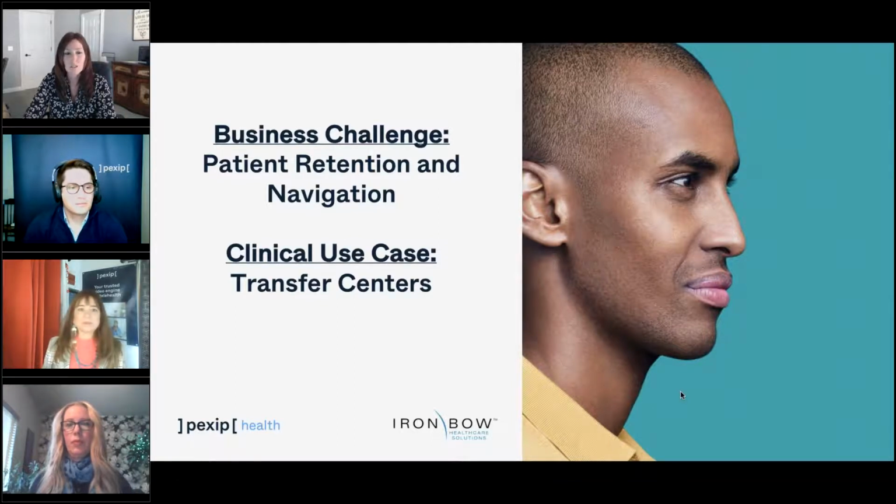I've seen this utilized a lot, where the transfer center sets up an assessment and referral center within it, where they're able to help with throughput for behavioral health patients especially.